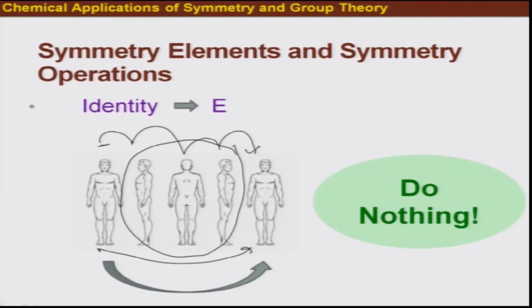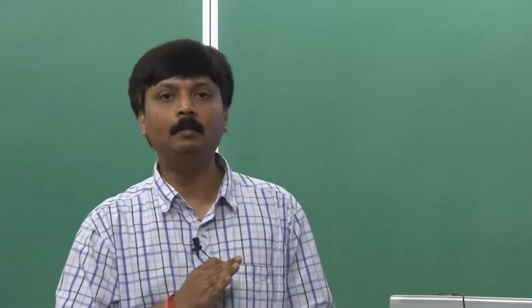You keep an object as such in its position, you get obviously the identical structure because you have not done anything. So this identity operation is also called the do nothing operation. And this is the easiest thing. No matter what, any object in this universe will have at least one symmetry element in it, and that is this identity element.